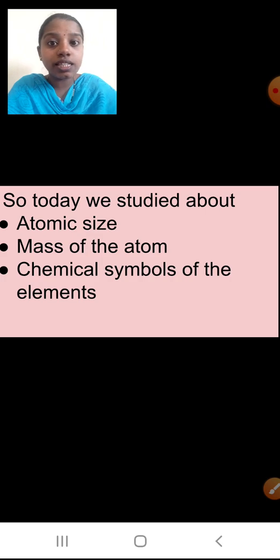While the atomic size is depending upon the nucleus and the outermost orbit, the distance between them, right? Then we saw the chemical symbols of the elements, how the elements are given their symbols depending upon their name, the starting letter, or the first letter and the second letter. First letter should be capital, second letter will be small.